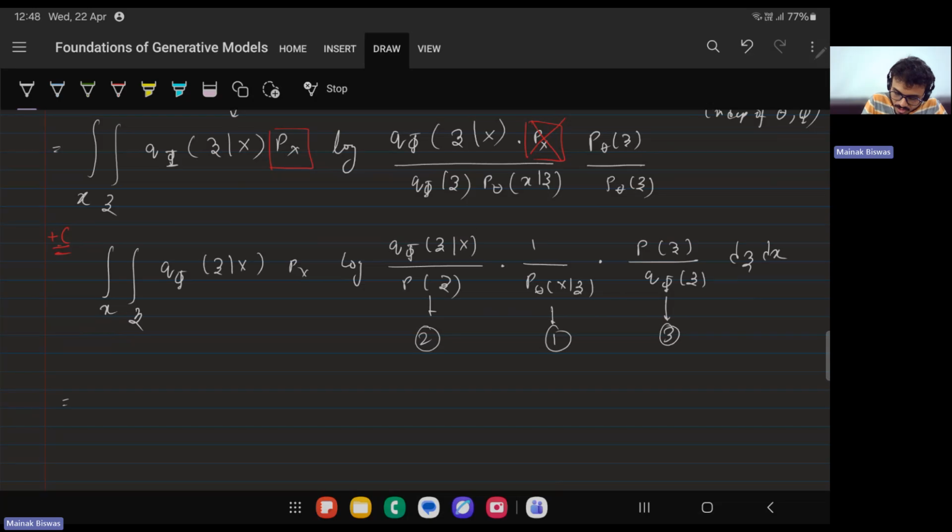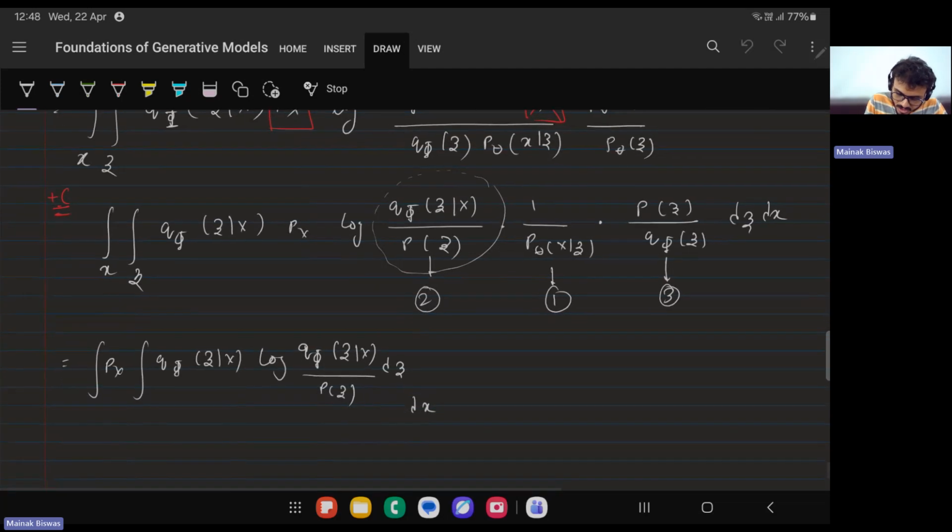See, the first term that I have over here depends on x. So I'll get p of x, integral of q phi of z given x, log of q phi of z given x by p of z. This is my first term. Again, as soon as you see this, you know what the first term is.